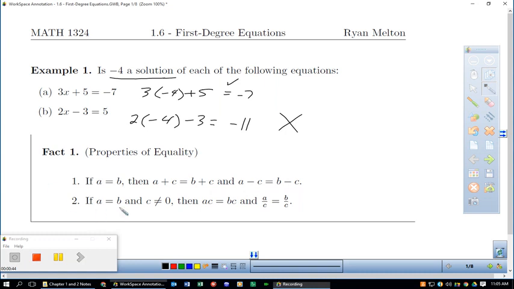Next, if A equals B and C is not 0, this will not work for C being 0, then A times C equals B times C, and A divided by C equals B divided by C. Again, you can multiply by something on both sides or divide by something on both sides, as long as it's not 0.